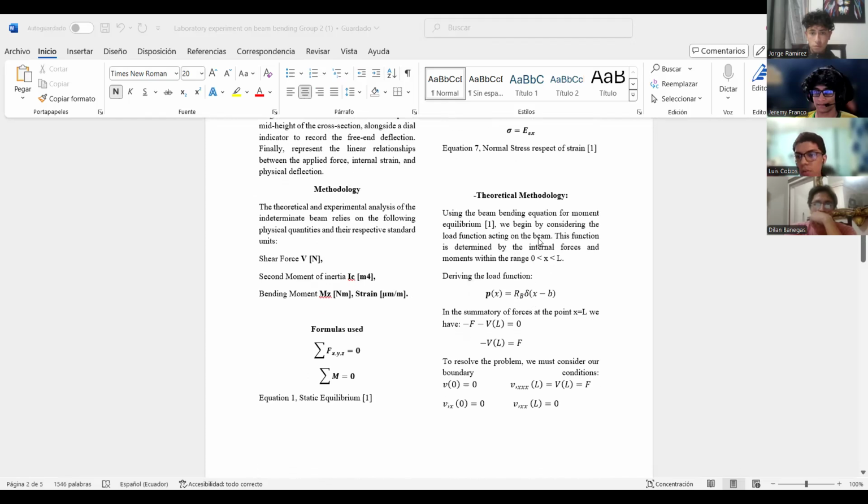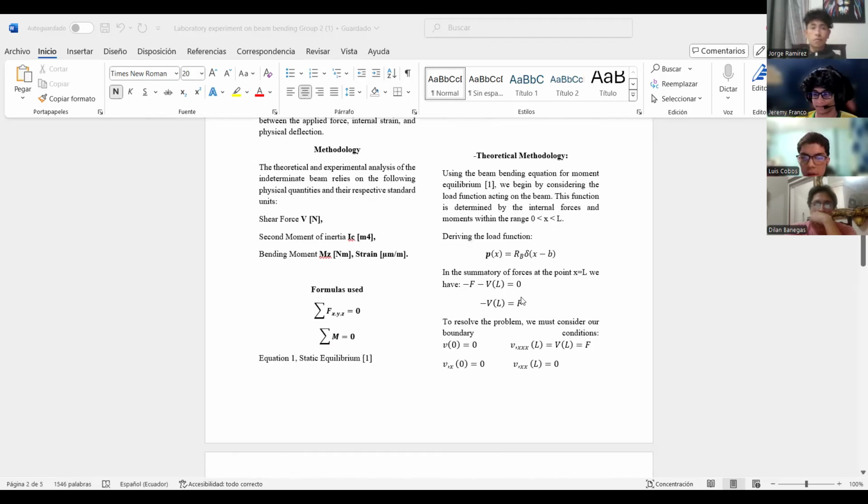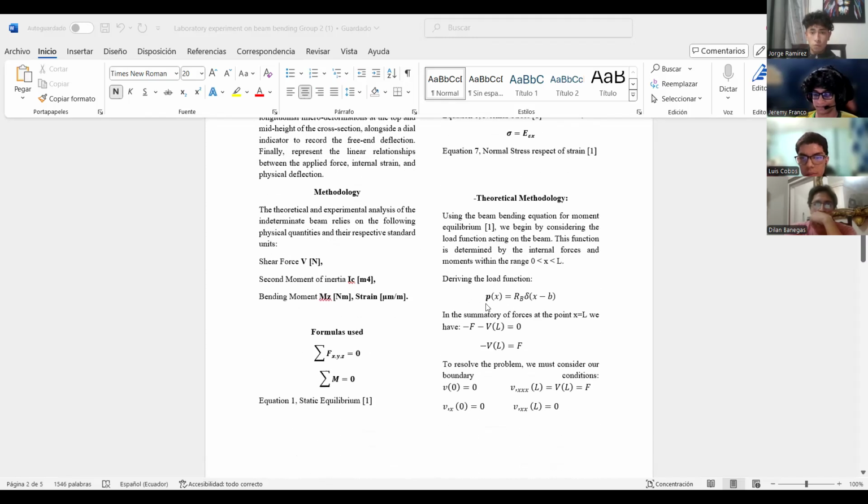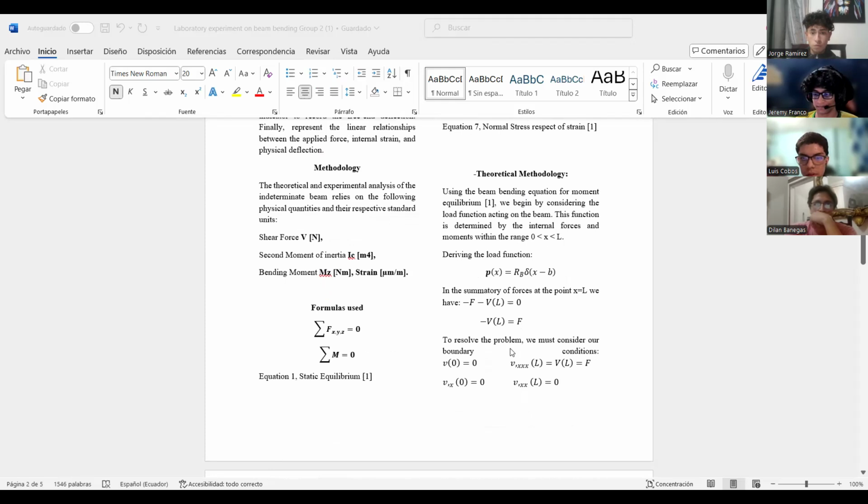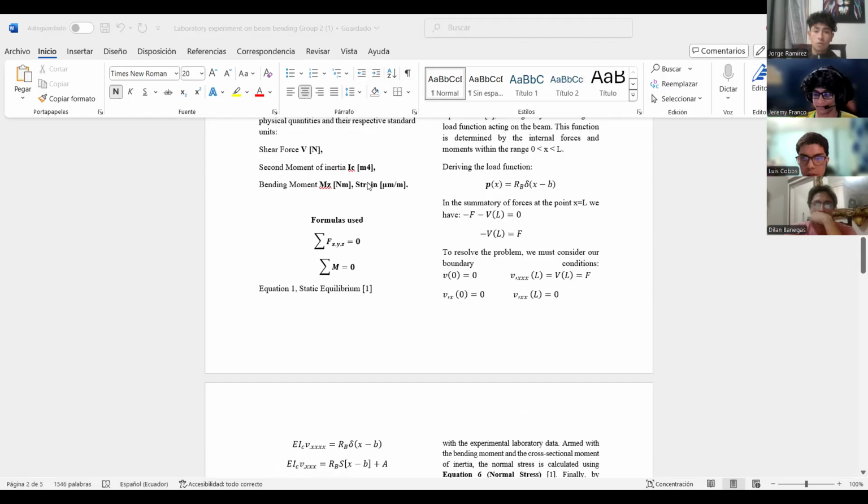And how are we going to solve this problem theoretically with these equations that I showed you here? We're going to use them. Here we have the load function, the summation of forces, and the boundary conditions of the beam.